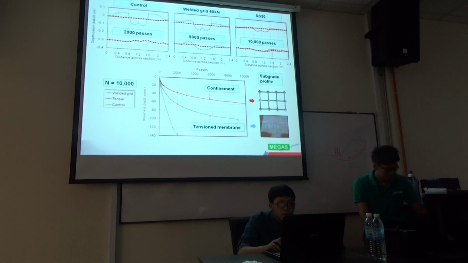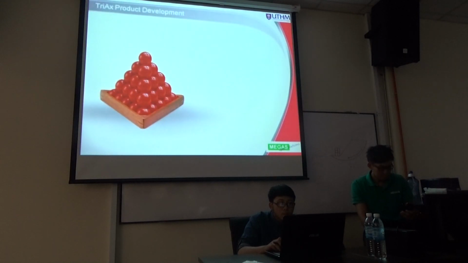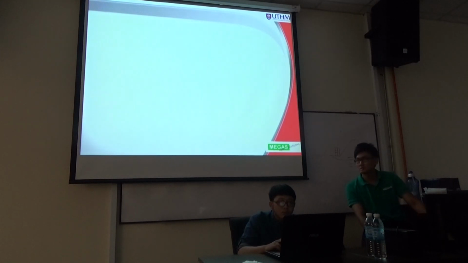So it improved the performance from here to here quite a lot, easily about 2 times. This one to this one, easily about 1 time. This is where I explained just now for the interlocking. So this is how it works.